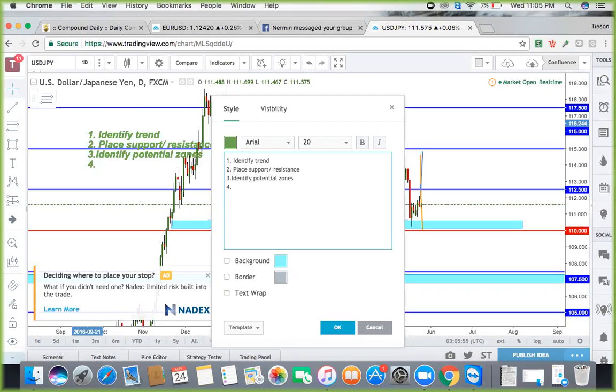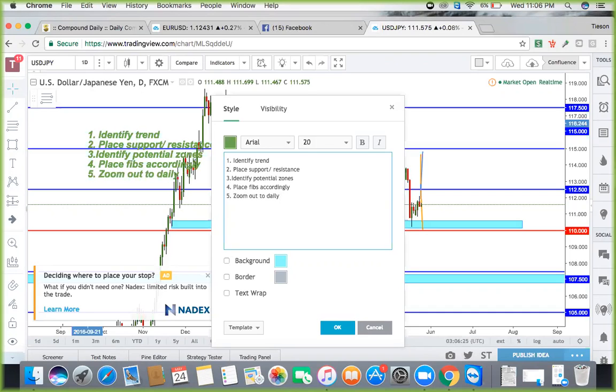4, if you do trade with fibs, place fibs accordingly, meaning know how to draw them accordingly. Because if you don't know how to draw them and you just draw them completely wrong, it's going to make a lot of difference in your trading. Identify trend, place support and resistance, identify potential zones, place fibs accordingly, zoom out to daily.